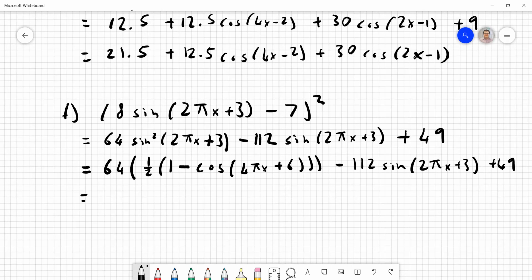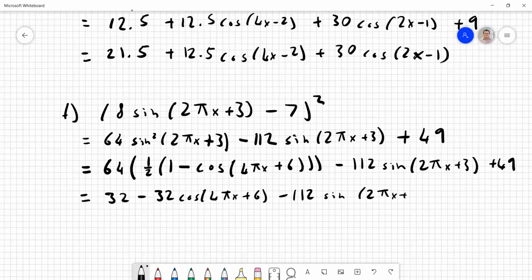Our bracket on the left-hand side, 64 times a half is 32. So we'll have 32 times 1, and 32 times minus cos 4 pi x plus 6. And we'll have the rest of the terms. I'll write them in here.